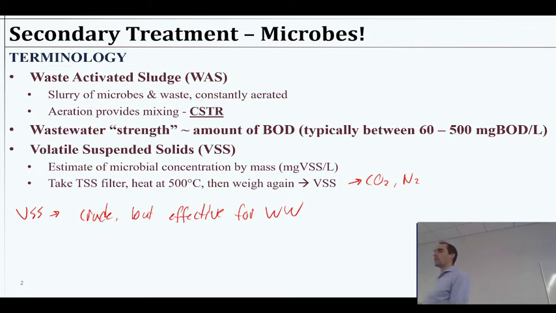Sure, there's some enzymes that use different metals and things, but it's a very, very small amount. So most of it's going to be caught by this. So that's why it's crude. But when we're talking about grams of this in every liter, it's pretty effective, right? We can get a good estimate of how much bacteria we have with this technique.